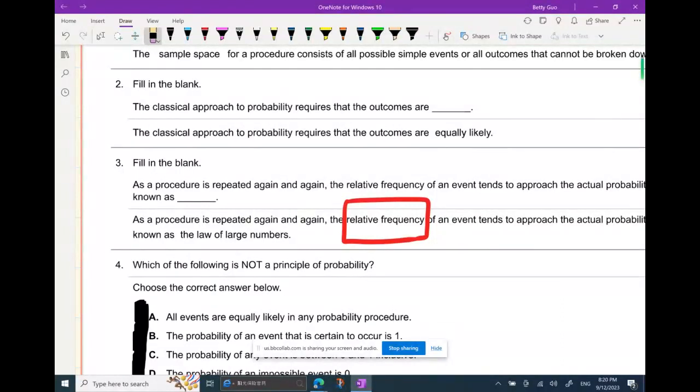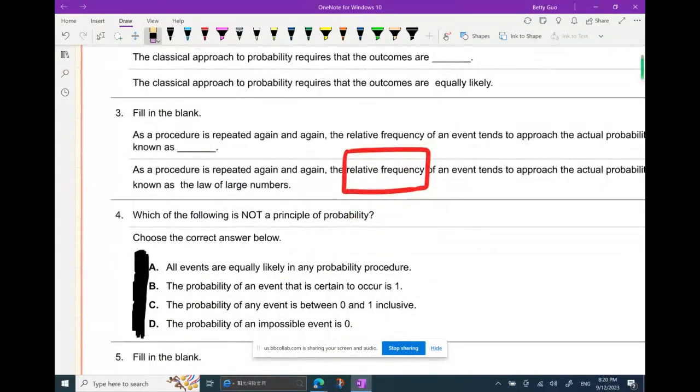When you repeat a procedure over and over, when the number of trials or sample size is large enough, the relative frequency gets very close to the actual probability. It is called the law of large numbers. You might or might not have heard of it. It's a very important law. You only see it one time in the homework. We focus on computing the value.